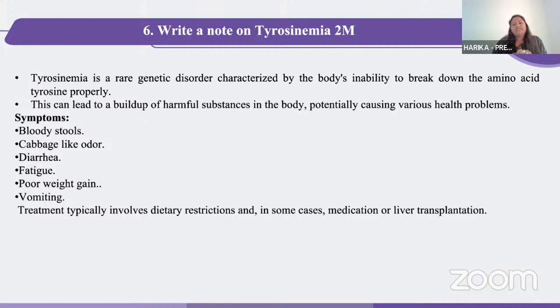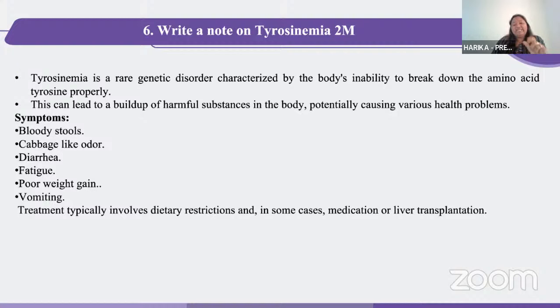To identify whether a person is suffering from tyrosinemia: every disease has symptoms, and tyrosinemia also has symptoms. So what are its symptoms? Bloody stools, and the person smells of a cabbage-like odor. He has frequent diarrhea, suffers from fatigue, is losing weight, and has continuous vomiting.